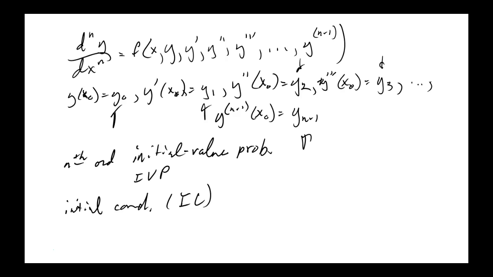So here will be a problem. I don't think I can keep it on this page, so let's clean this page and go to a new page. Here's your differential equation, dy/dx is equal to f of x, y. Nothing very specific, very generic here.